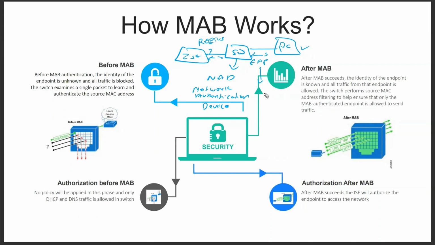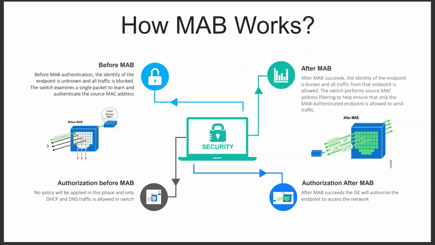In the EAP protocol, the username will be in plain text, while the password will be encrypted. So you can see the username, but you cannot see the password, which is encrypted. But in our case, I am using the MAC authentication.